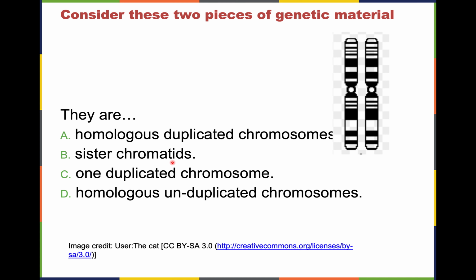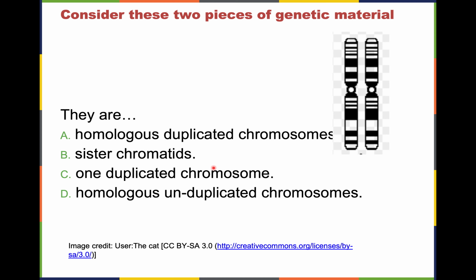Sister chromatids. Again, it's tempting, since these two look identical, to say they're sister chromatids. Well, no, because they're not attached through the centromere. One duplicated chromosome. Well, this is actually another way of saying answer B. If you had one duplicated chromosome, the sister chromatids would be present and they would be attached through the centromere.